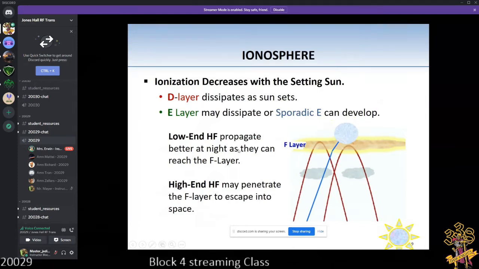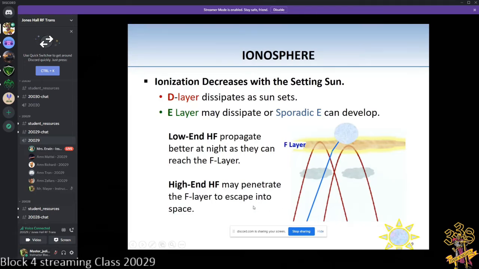So now those low end frequencies that didn't want to work in the daytime, with that D layer gone and that E layer practically non-existent, the lower frequencies now can reach the F layer for that beyond line of sight communication.